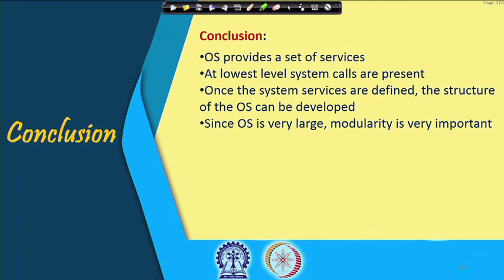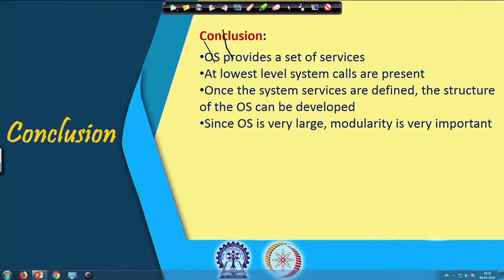To conclude, we can say that the OS provides a set of services. At the lowest level we have system calls, and once the system services are defined, the structure of the OS can be developed. Since the OS is very large, modularity is very important. What we have seen is that at the lowest level we have the hardware, and on top of that we have different layers of software.